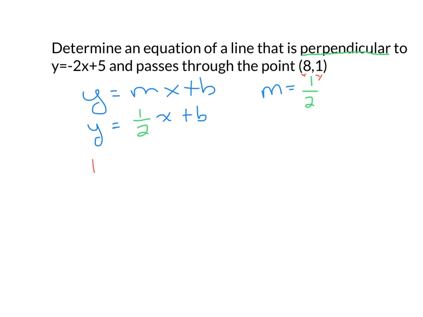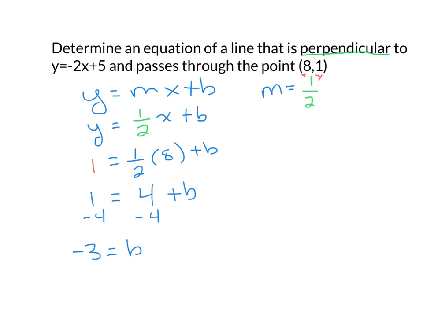So 1 equals 1/2 times 8 plus b. 1/2 of 8 is 4. Now we'll subtract 4 from both sides. And b equals -3. Now you just have to state your equation. Y equals 1/2 x minus 3.